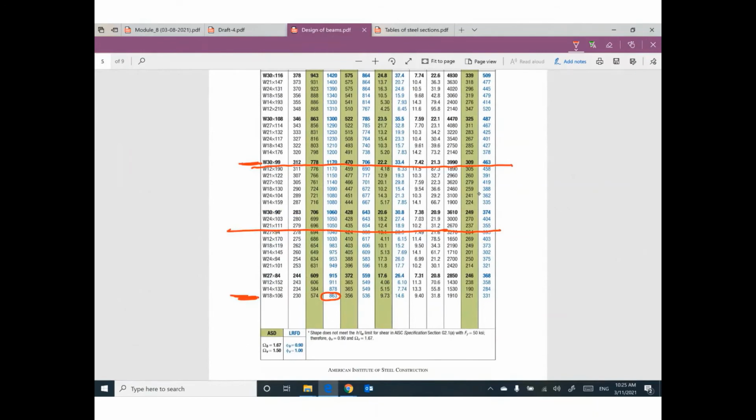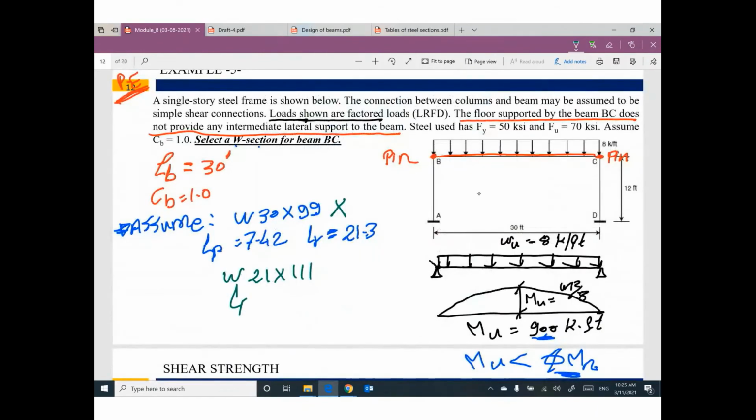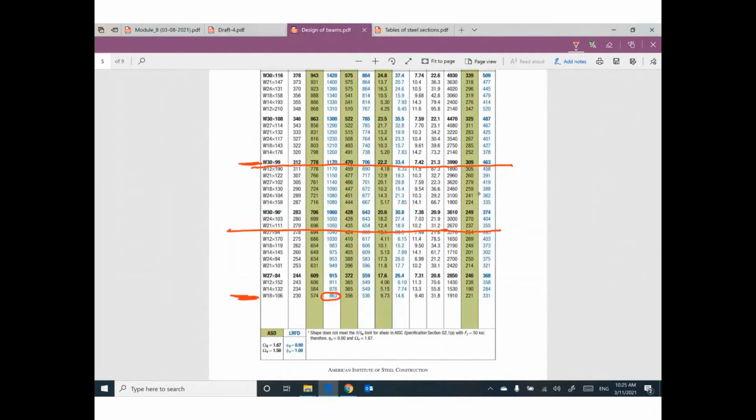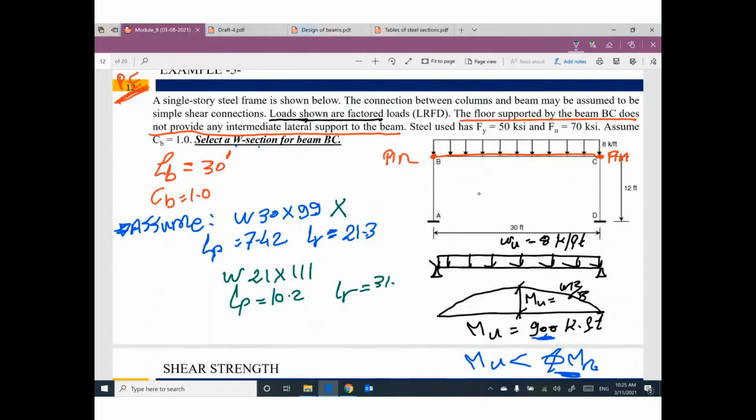What is the value of LP? 10.2. LR, 31.2. I think right now LB is greater than LP and smaller than LR.